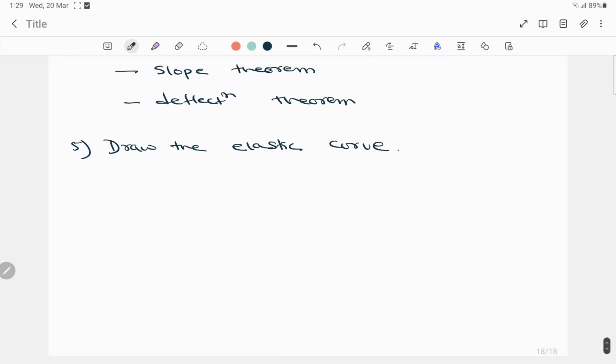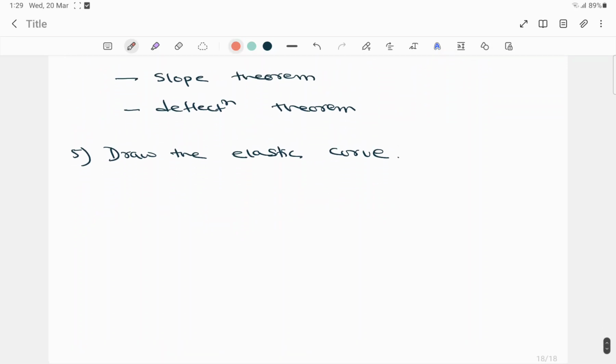Now some of the important points which we need to remember, I'll write down here only. Okay, I'll write it as important points to be remembered.